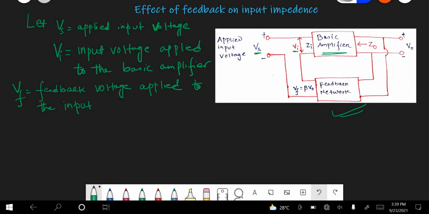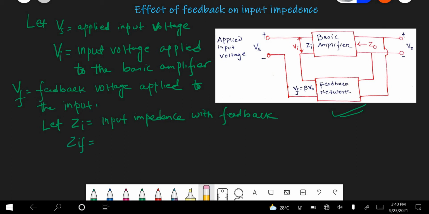Okay, so let's see. Let Zi be the input impedance without feedback, and Zif be the input impedance with feedback.